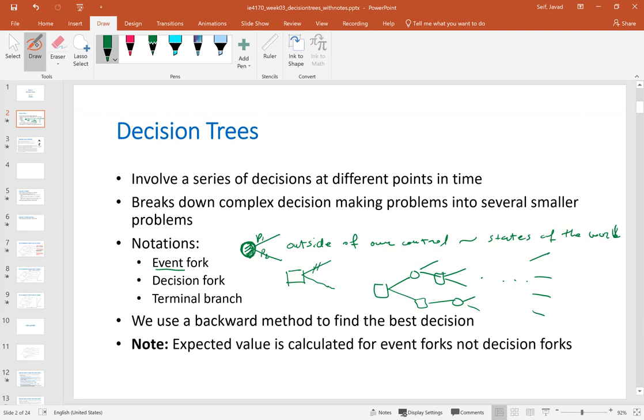Okay. And there is a method that I call the backward method because we start calculating everything starting from terminal branches backward to the beginning of the tree, and because of that, I call it just backward. With this backward method, we will choose the best sequence of decisions.